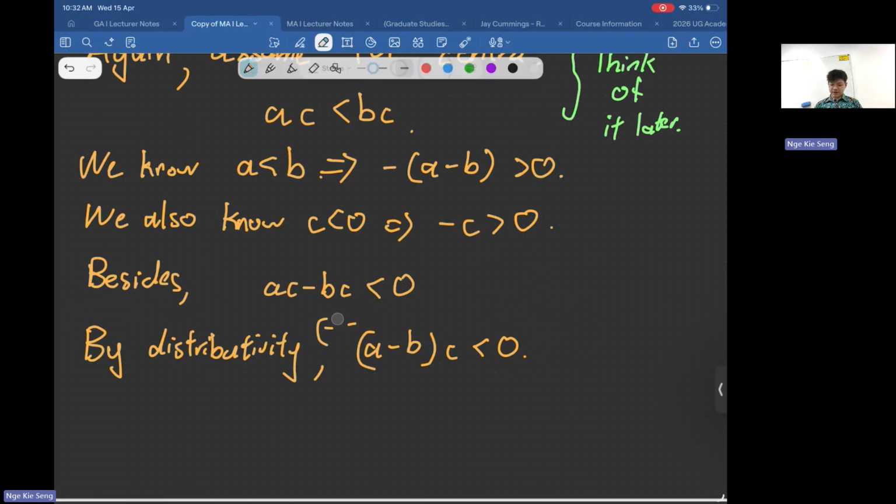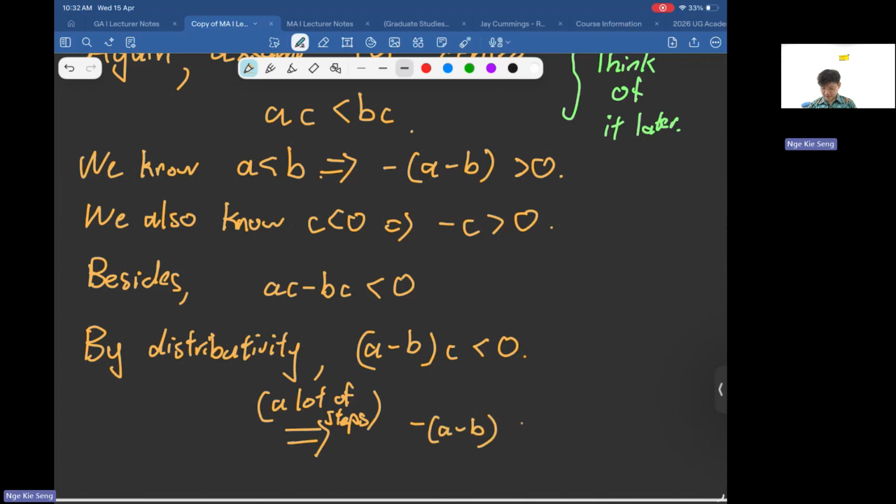Okay, sure. So Chiang said a lot of steps here. Definitely, there's a lot of steps here. You need to create a minus one, and then you associate, you commute, whatever. So you get minus A minus B times minus C less than 0.